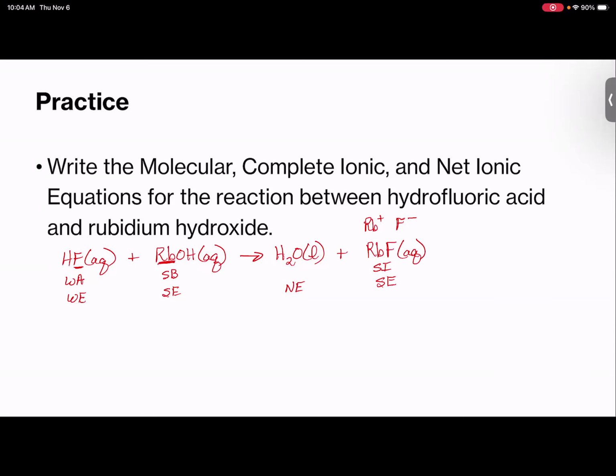You have to take the time to do that step because since HF is a weak electrolyte, we bring it down into the complete ionic reaction. We bring it down because the only things we dissociate are strong electrolytes. Now our rubidium hydroxide, we're going to dissociate it into rubidium ion and hydroxide ion.